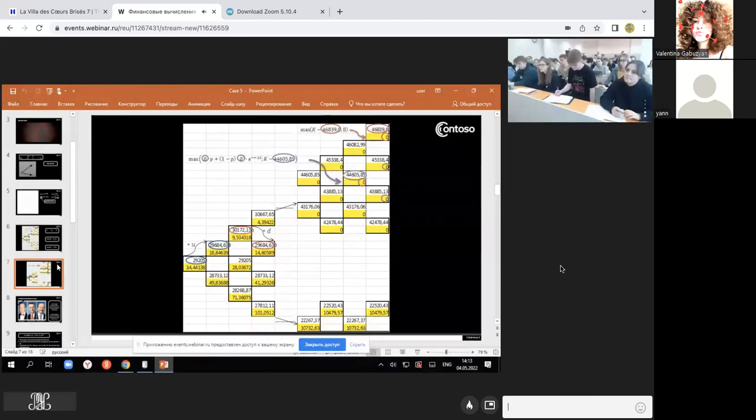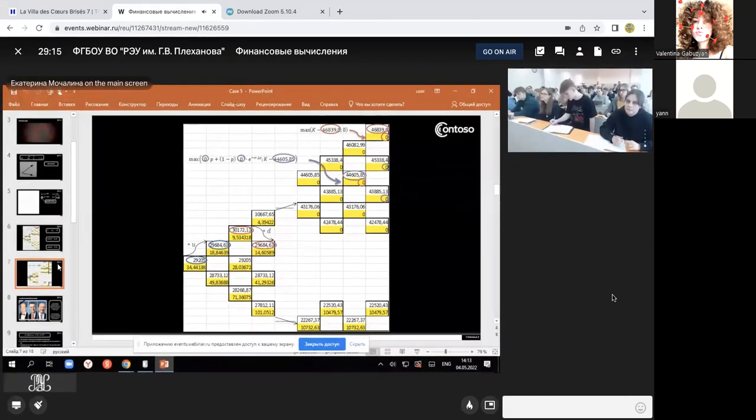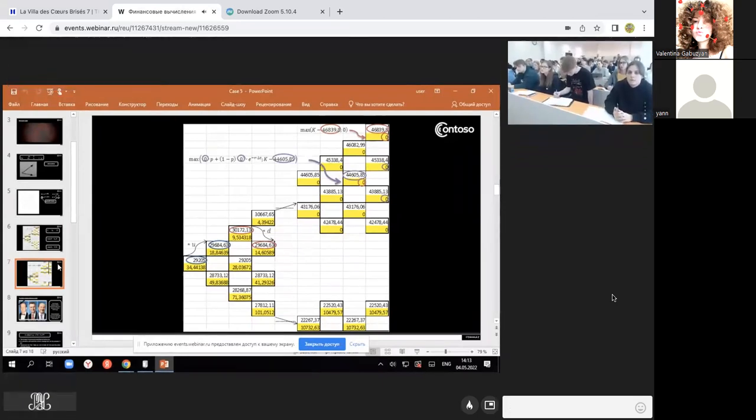The first model we will consider here is a binomial tree. It's possible to estimate any option with the help of this model. Next, we will study one more model, and then we will study how it can be adjusted. But to adjust the estimation you get, we need the European option, okay?